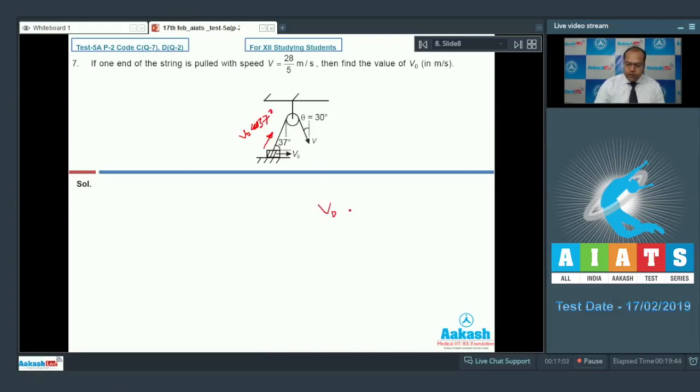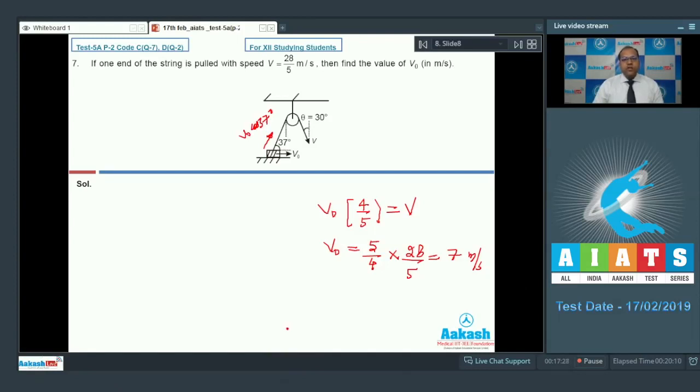So we can say that v naught into cos 37 degree, that is 4 by 5, is equal to v. So v naught is equal to 5 by 4 of v, and the value of v is 28 by 5. So on solving, it comes out to be 7 meter per second. So the value of v naught is 7. So the correct answer for question number 7 is 7.